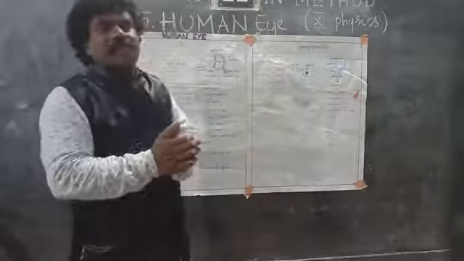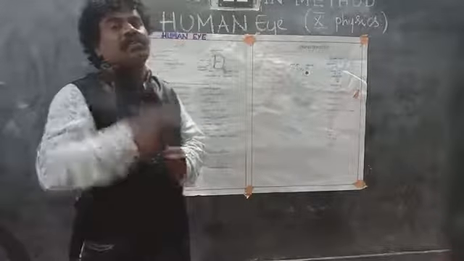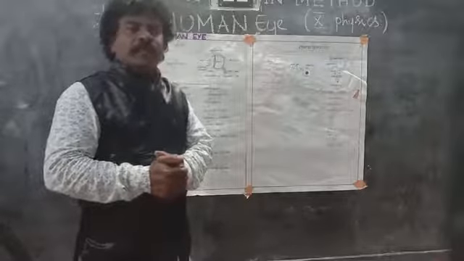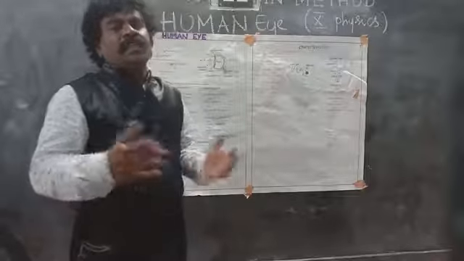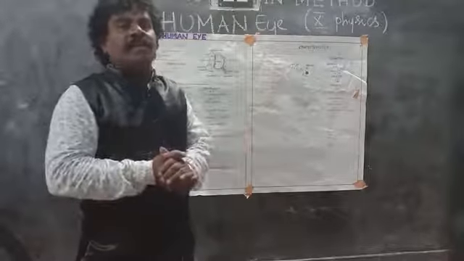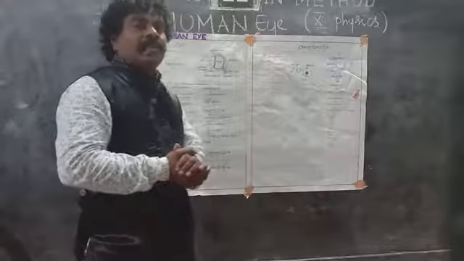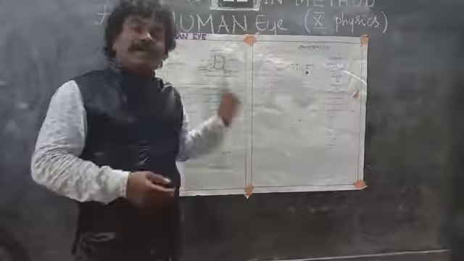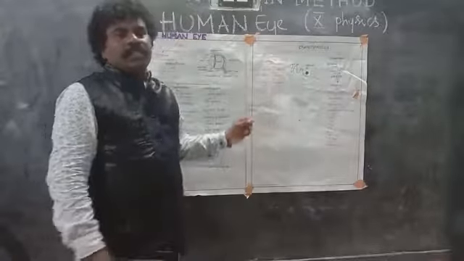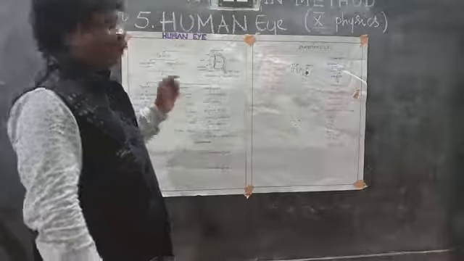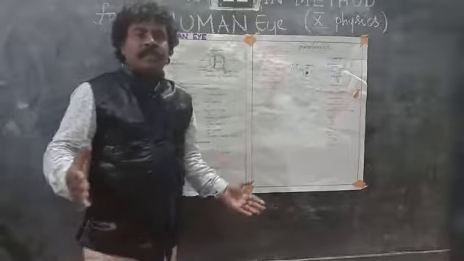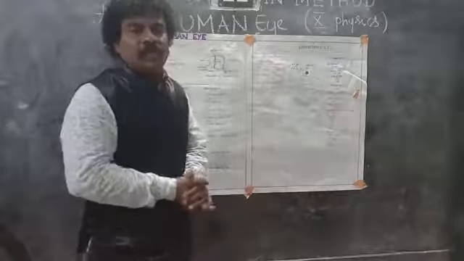Image means the representative structure of a body. Object means a thing which has some structure, and the image is the representative of the object. This image formation will be maximum. IMAX cinema halls we know.